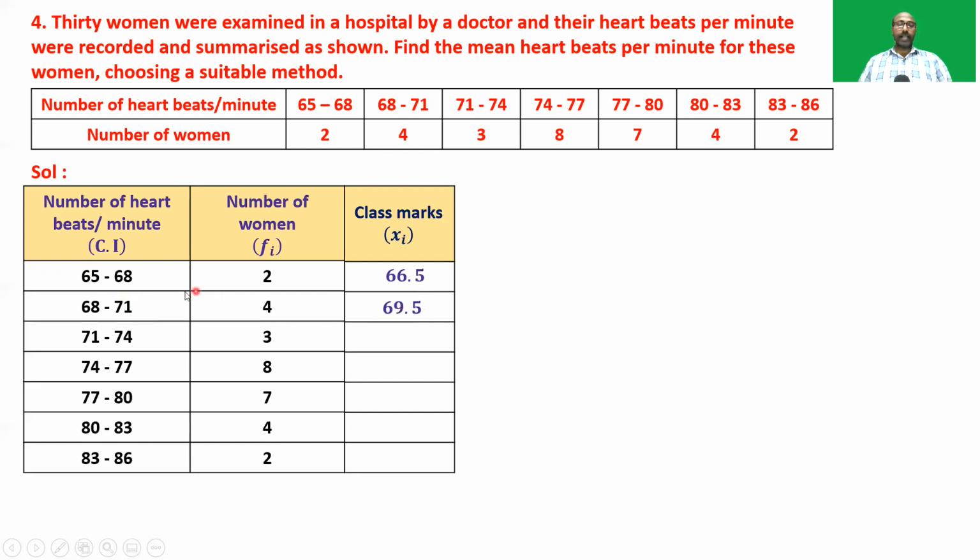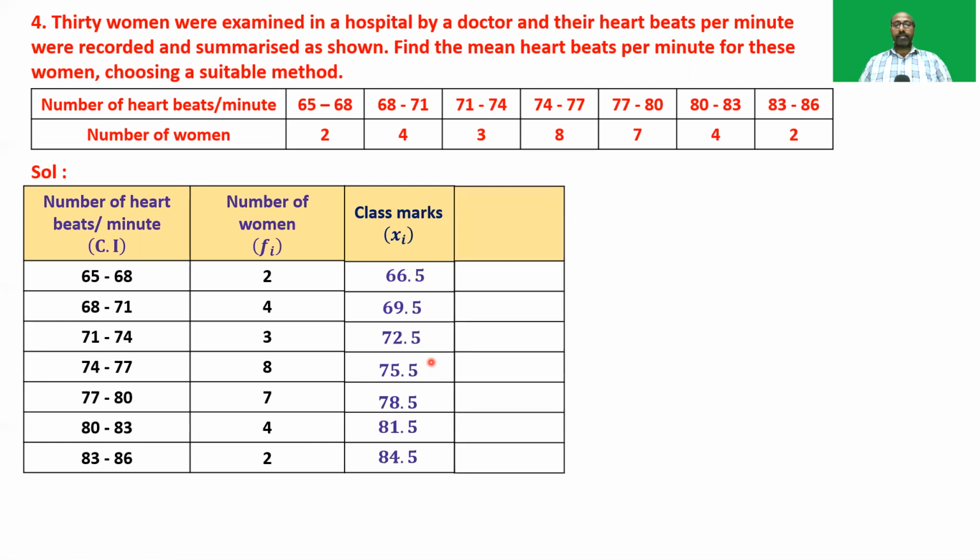By adding the class interval to the class marks, we get the remaining class marks, that is 69.5 plus 3 is 72.5, and the next class marks are 75.5, 78.5, 81.5, and 84.5.